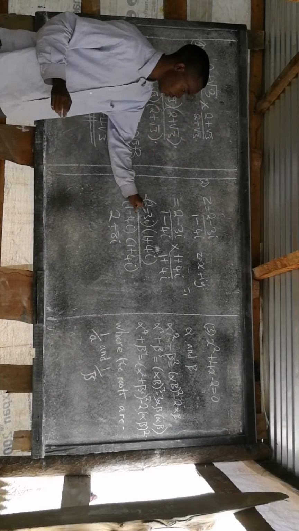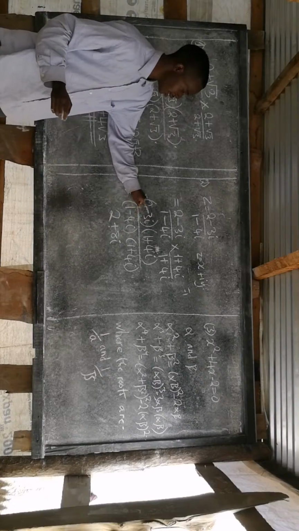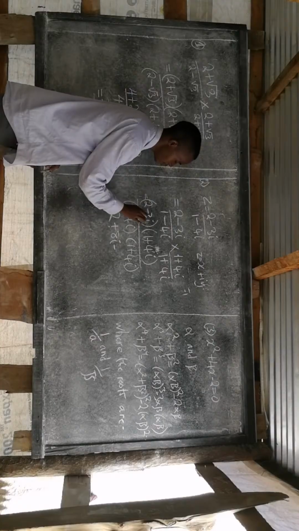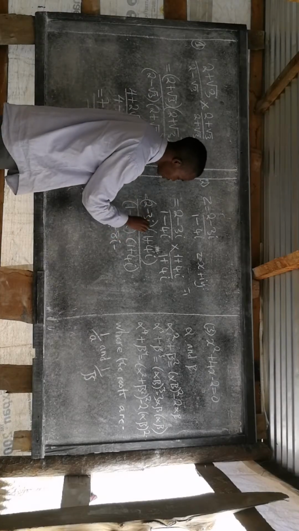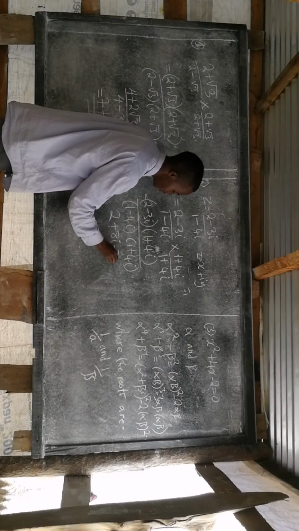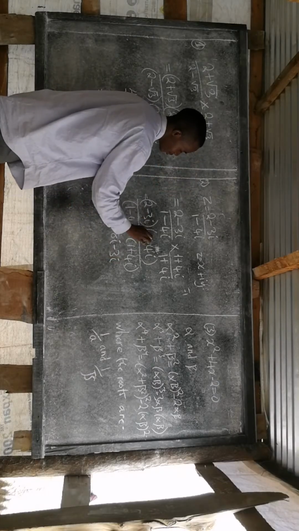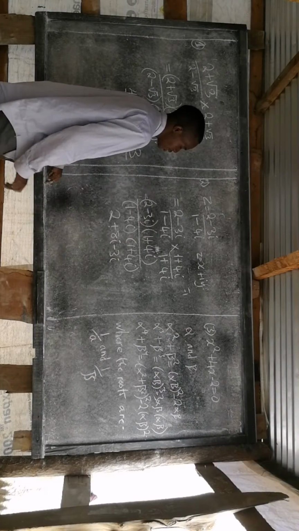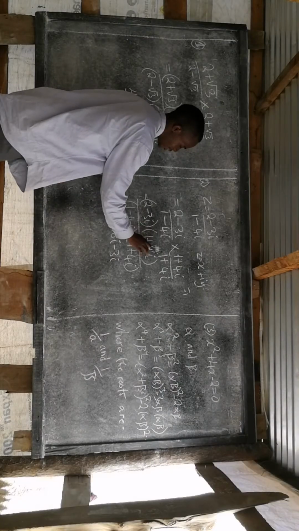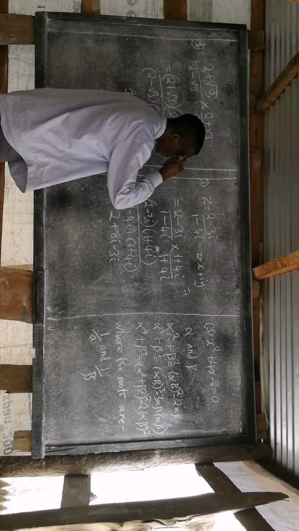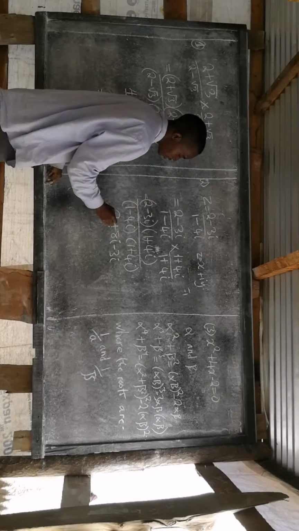So we are going to deal with this. Negative 3i times 1, so it will be negative 3i. Then negative 3i times 4i: 3 times 4 is 12, and this is i times i, it is i squared. So when it's i squared, it means it is negative 1.